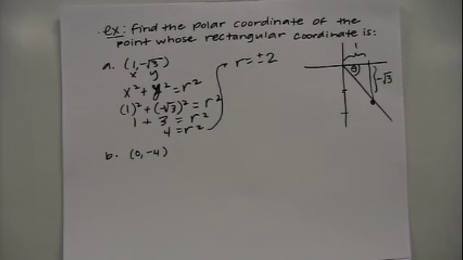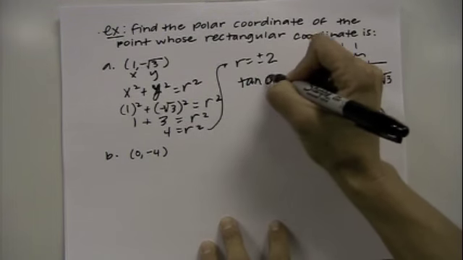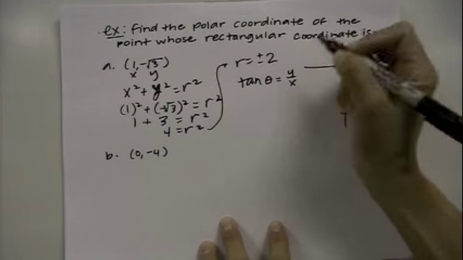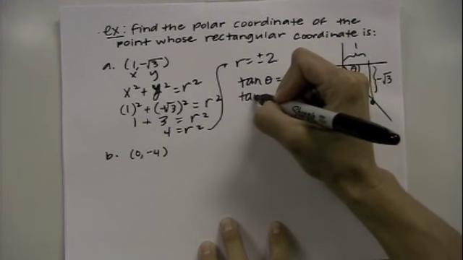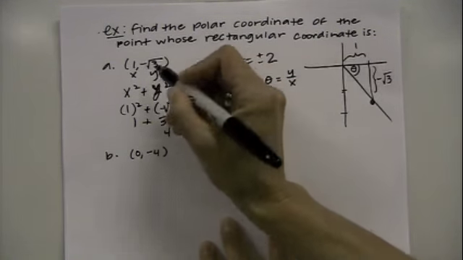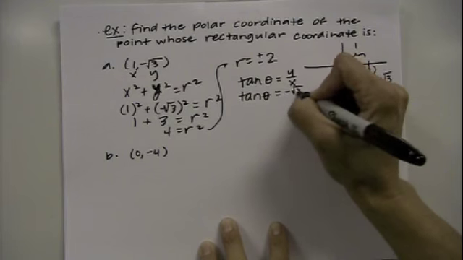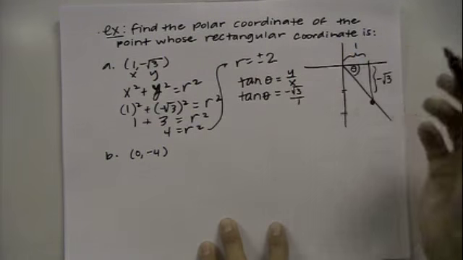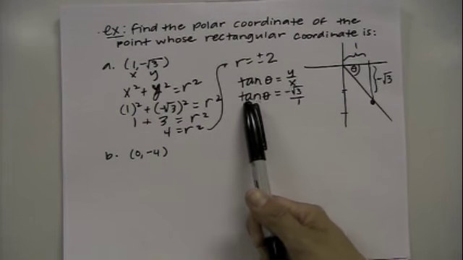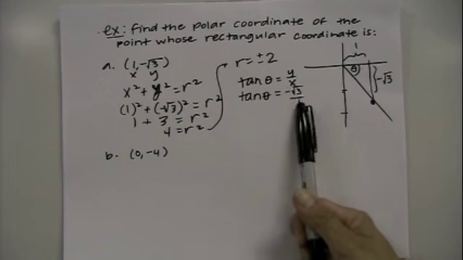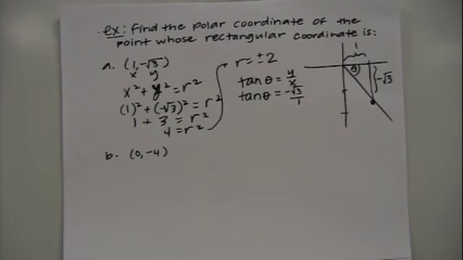We're going to use the tangent of theta equals y over x. y is given as negative root 3, and again x is 1. So we're trying to find an angle that when we take the tangent of it, we get negative root 3 over 1 as our ratio.